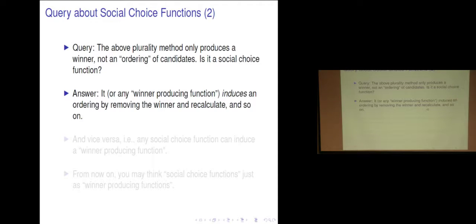The answer is that these two are different. I'll call the plurality method a winner-producing function, because it only produces winners. So literally it is not a social choice function, but it can induce one. The way it induces is quite easy. Suppose you get Mr. A as the winner. Then we can remove A from the ballots.